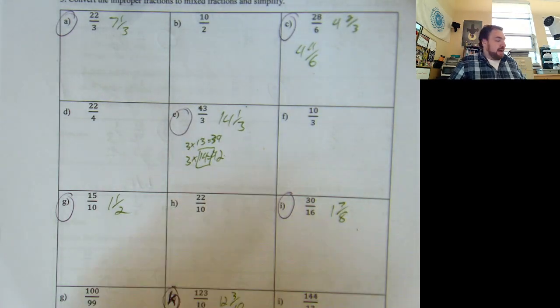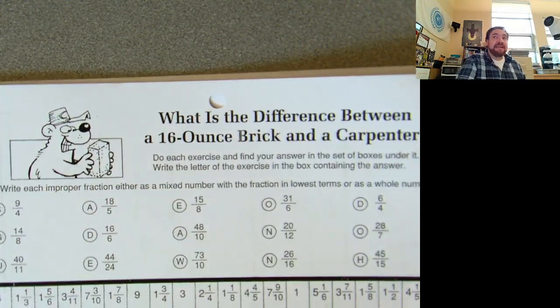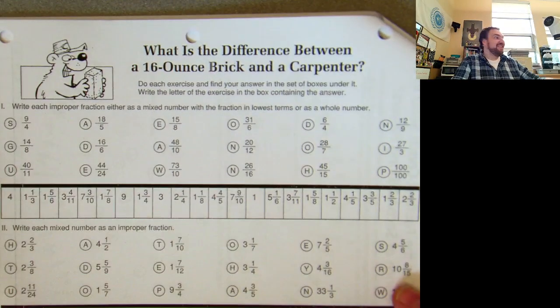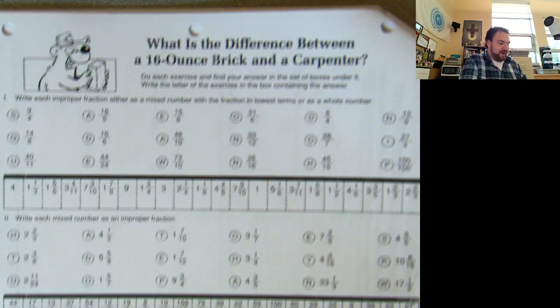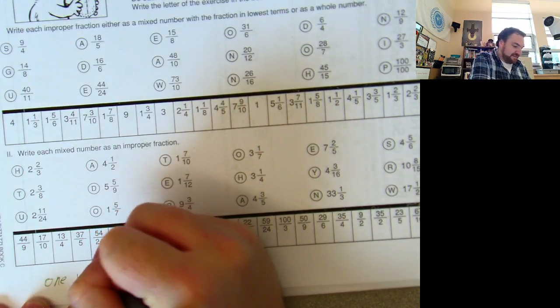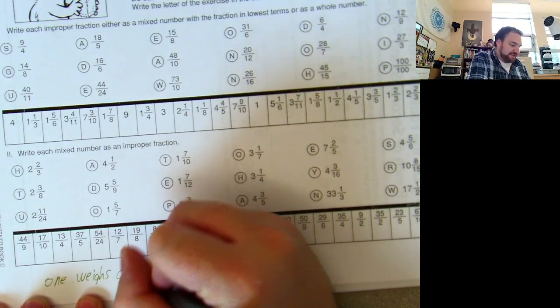I did not assign this. Did anyone do it and want to discuss the answer? Did you figure it out? What is the difference between a 16-ounce brick and a carpenter? One weighs a pound and the other pounds away. It starts at the top. I know. Yeah. I was putting the whole answer at the bottom.